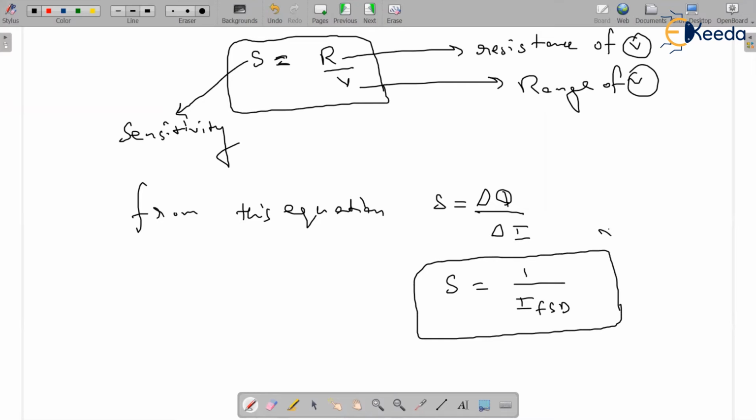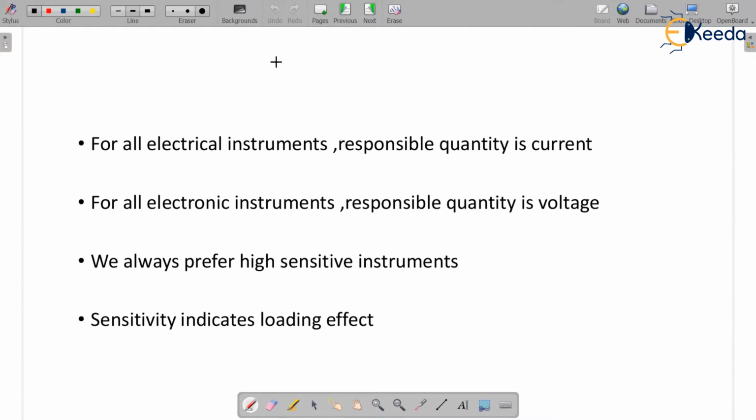This is also one of the very important formulas. Then next, what are the units for sensitivity? Sensitivity units are ohm per volt.